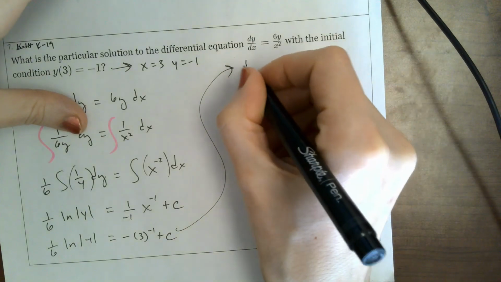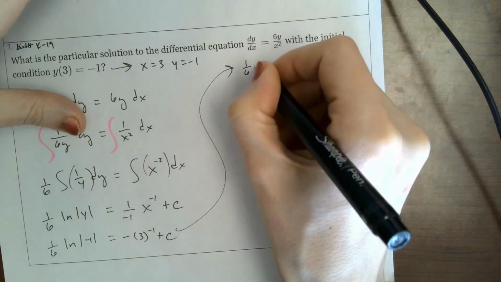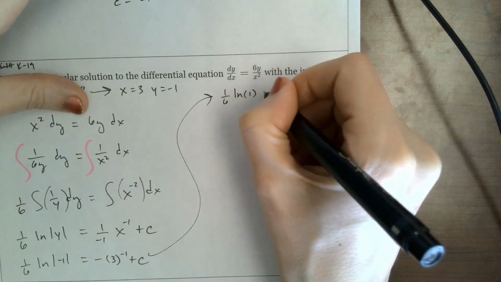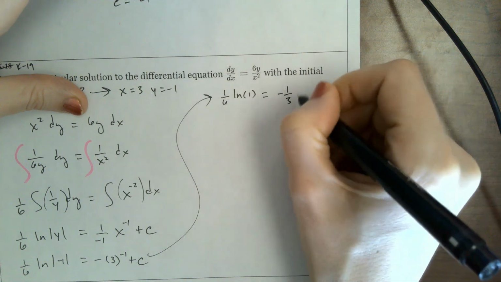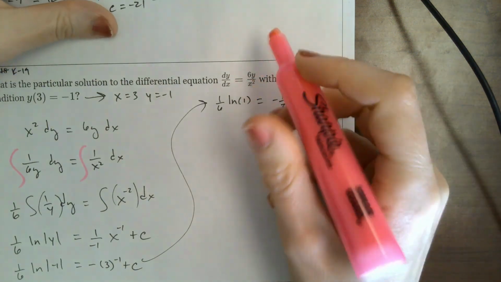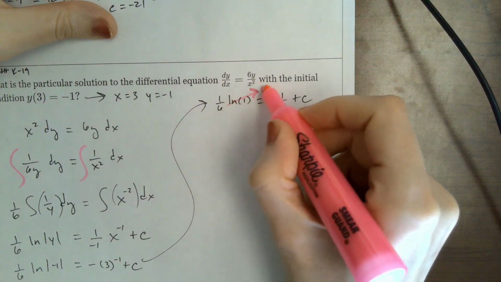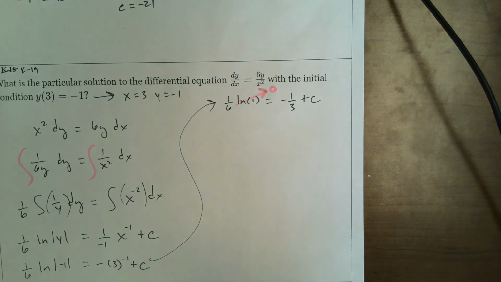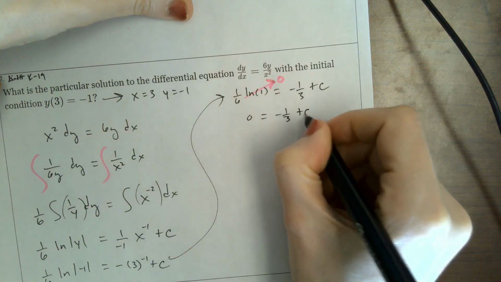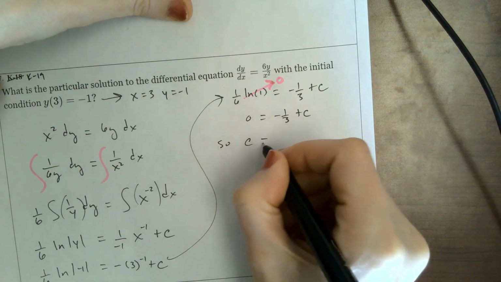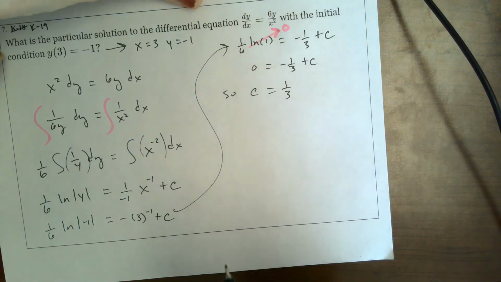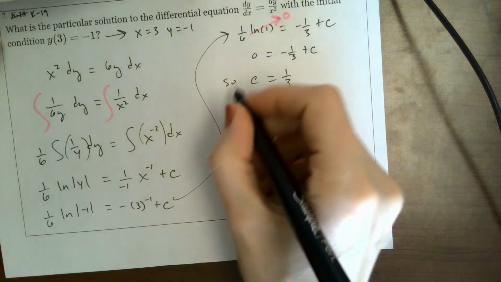Okay, so this is 1/6 natural log of +1, because that's absolute value, -1/3 plus c. Natural log of 1 is 0. All right, so that's actually 0. So we've got 0 equals -1/3 plus c. So c is 1/3.